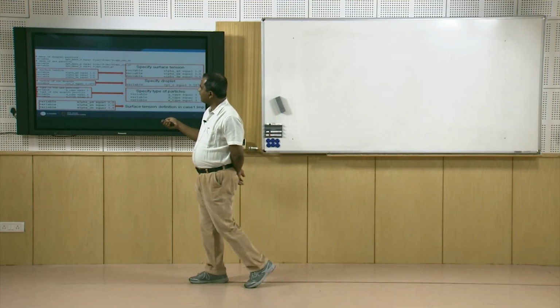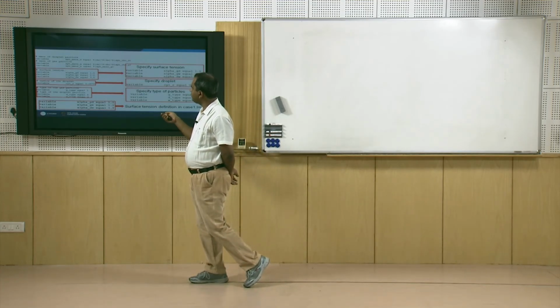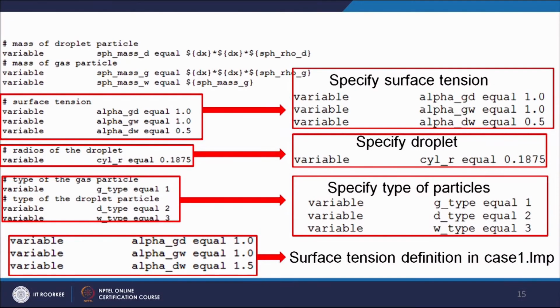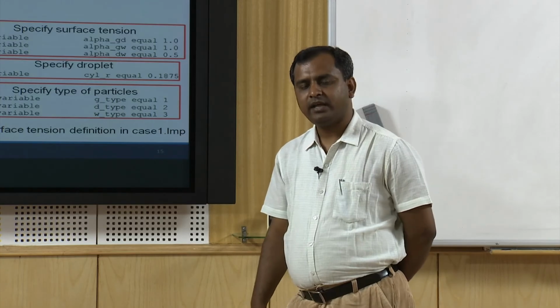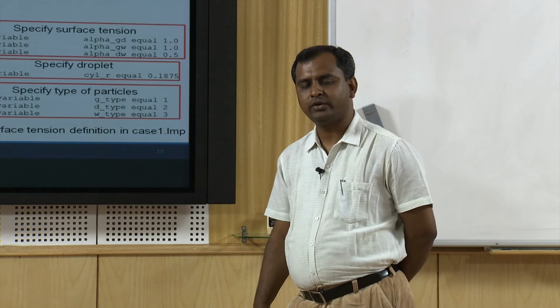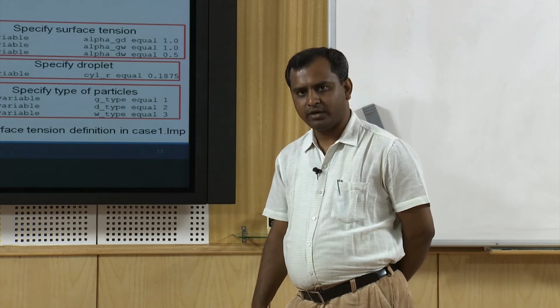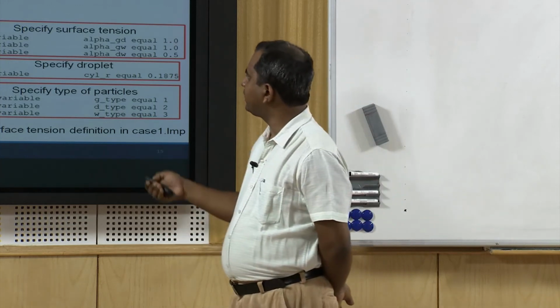Then if you go further, in this position we have given the surface tension. As we know, to create the contact angle, we need to give 3 surface tensions: sigma SG, sigma LW and sigma LS, that is, liquid-gas, liquid-wall and gas-solid wall. Those values are written over here.